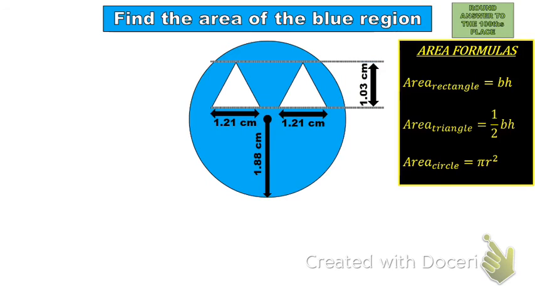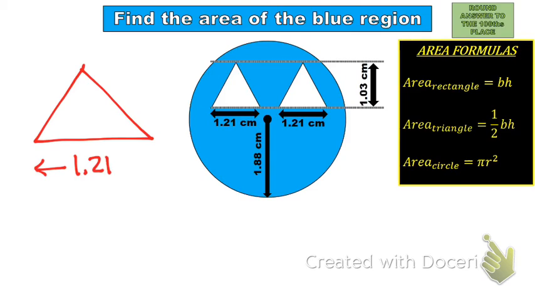On this problem, I'm going to give you one small hint to get you going, just so you can remember how to find the area of a triangle like the one that has made a hole in the blue circle. This triangle has a base of 1.21 centimeters, and a height of 1.03 centimeters.